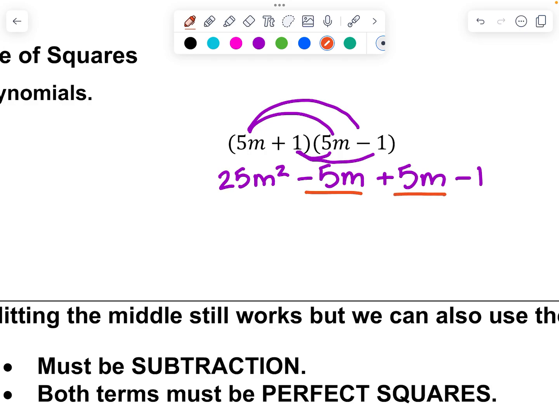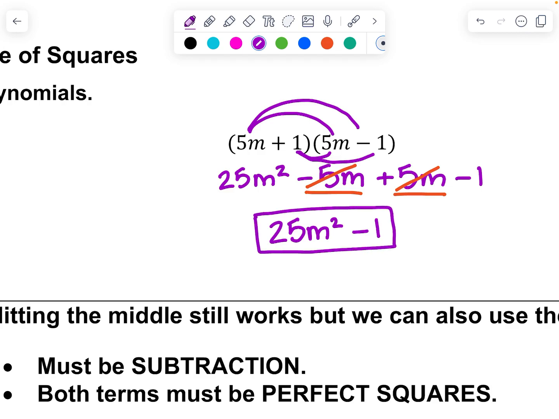When I have negative 5 plus 5, I see that those are going to cancel out. That's what's going to happen in problems like this. That leaves me with 25m squared and minus 1. Both 25 and 1 are perfect squares, so we see that we could be working backwards with difference of squares. We'll see how that connects here in just a second.